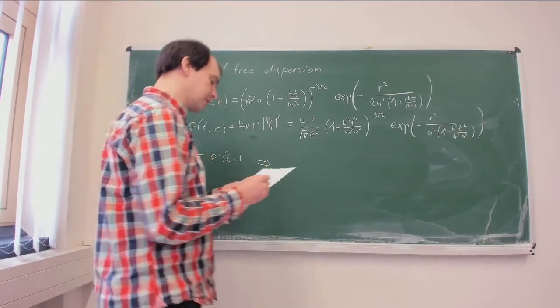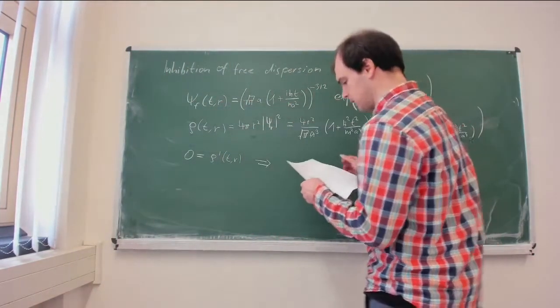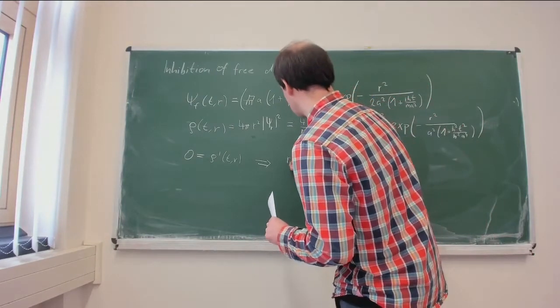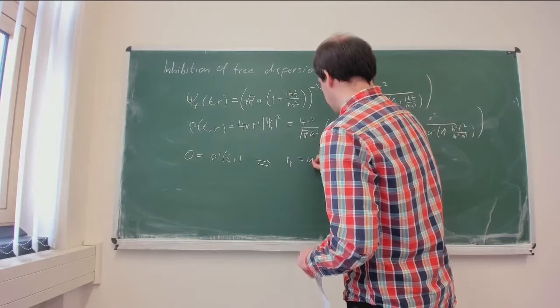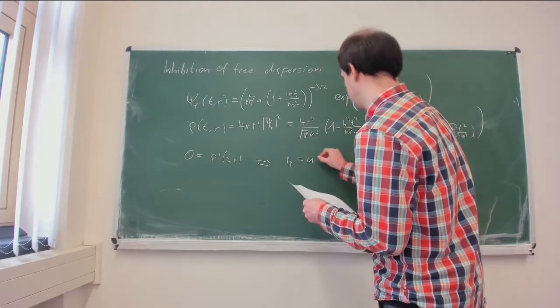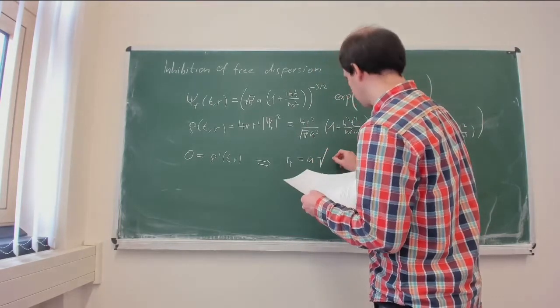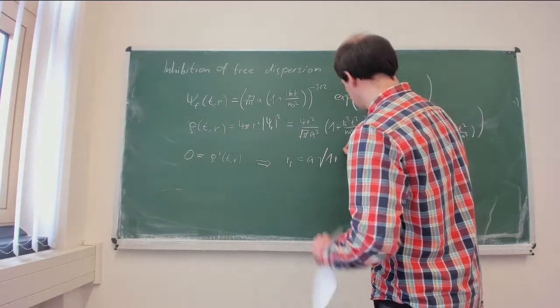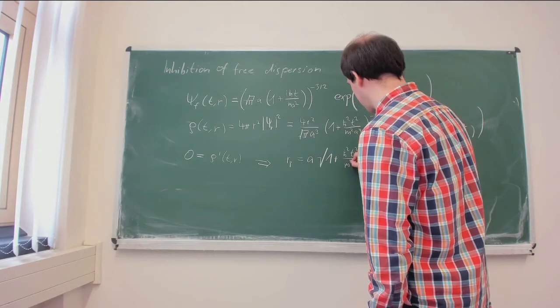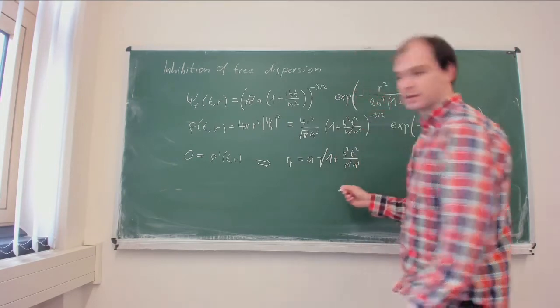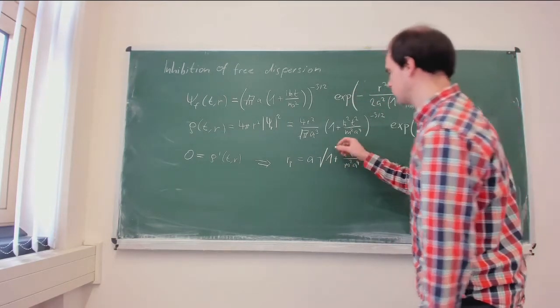And if we do this, then we find that its maximum, which we call Rp, for P, is at a times the square root of 1 plus ħ²t² divided by m²a⁴.